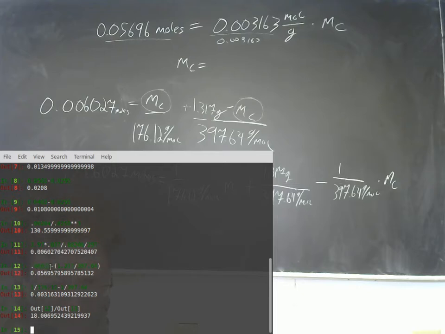0.06027 minus 1.317 divided by 397.64. That looks good. And 1 over 176.12 minus 1 over 397.64.